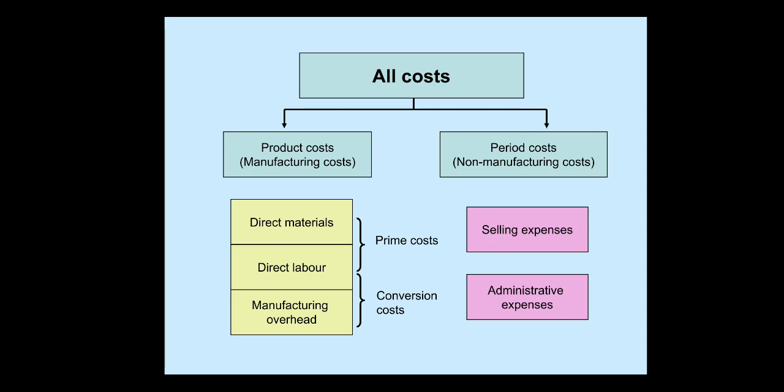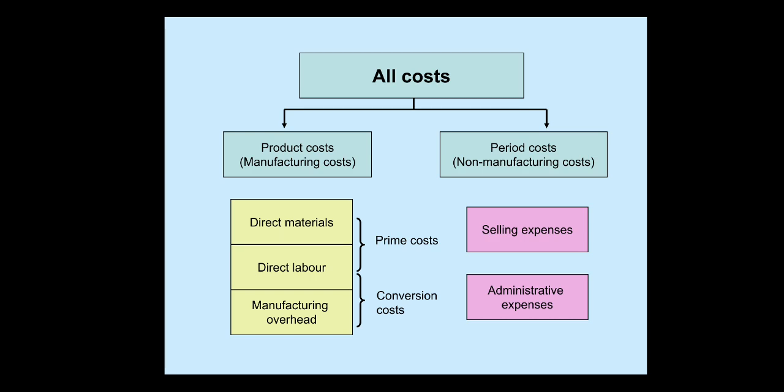If you have a business that produces frozen food, then the total cost for your business equals manufacturing cost or product cost plus non-manufacturing cost or period cost. Okay, so that is the total cost.